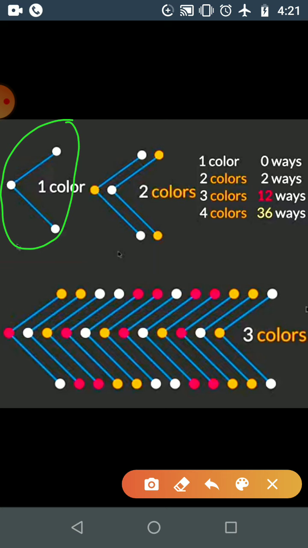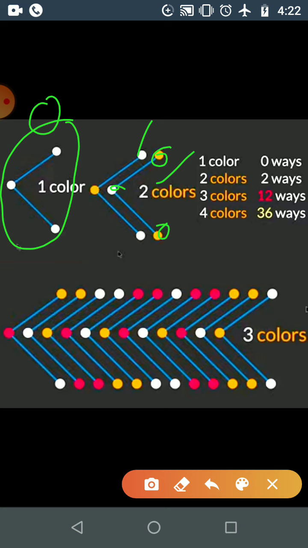So with one color you have 0 ways to color this graph properly. And if two colors are given, then you have two ways: you give the endpoints the same color, say yellow, and the middle point a different one, and then just swap these colors. So two ways when you are given two colors, correct.